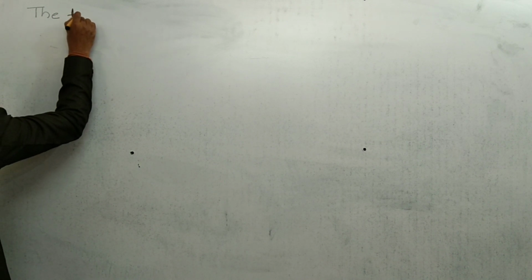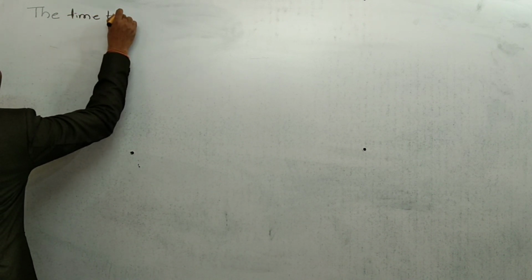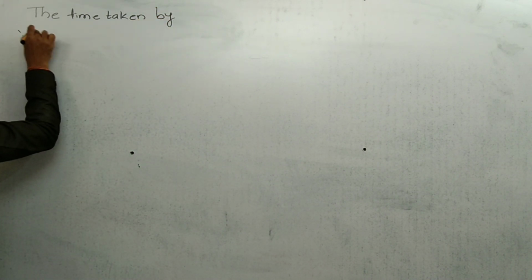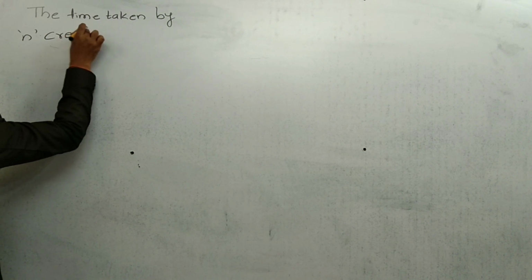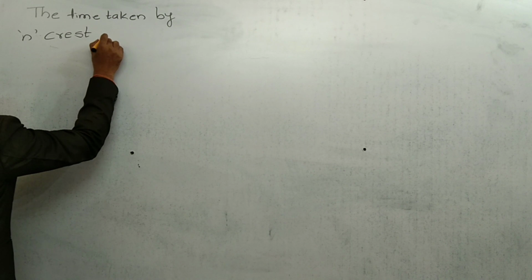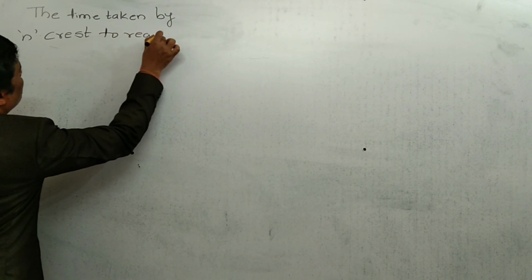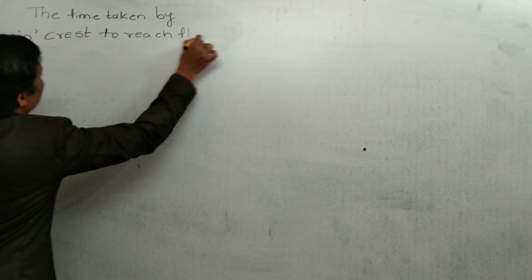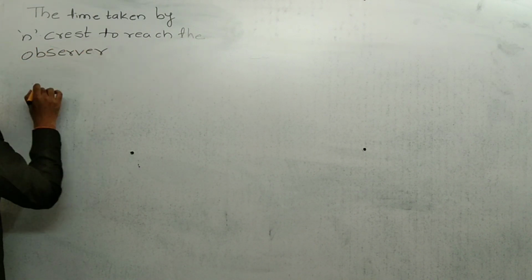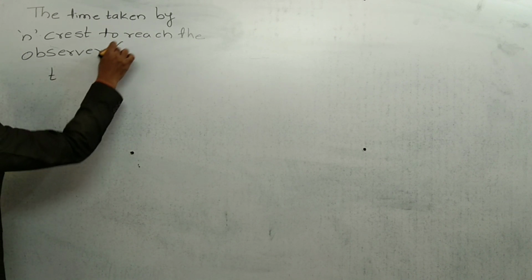The time taken by n crests to reach the observer. T equals, it is nothing but the time interval only.